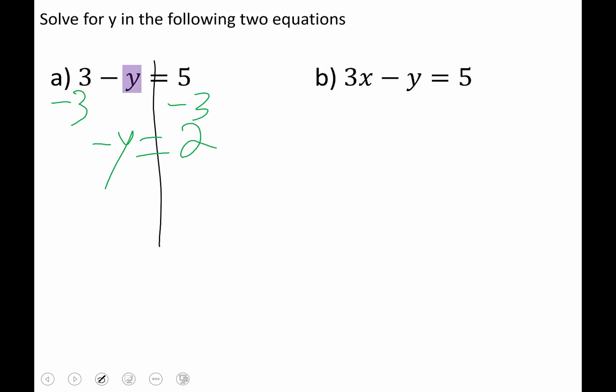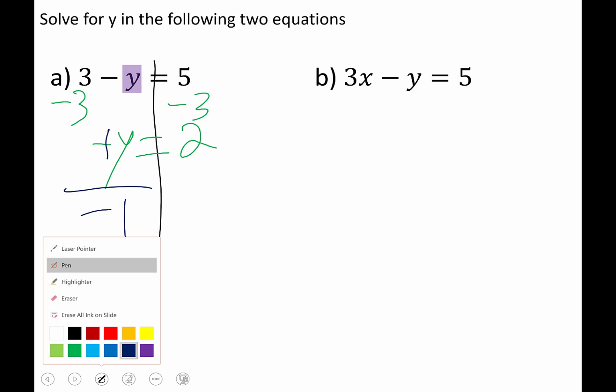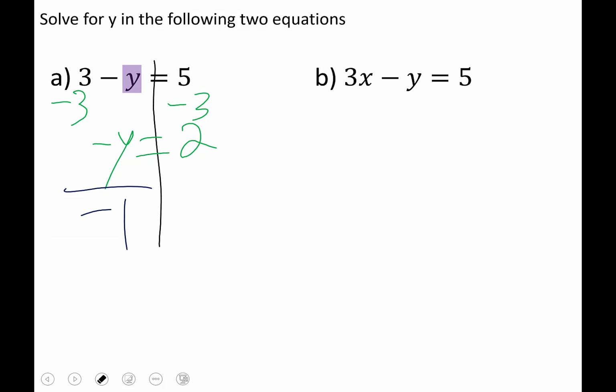Now I'm not quite done yet because I still have that negative in front of the y, and remember, there's that invisible 1. So I'm going to divide both sides by negative 1, and we get y is equal to negative 2.